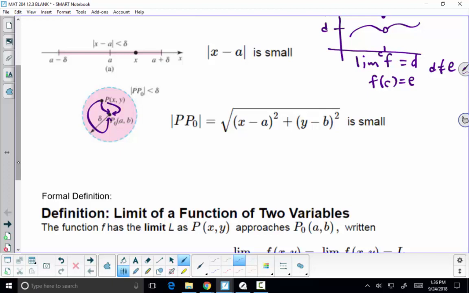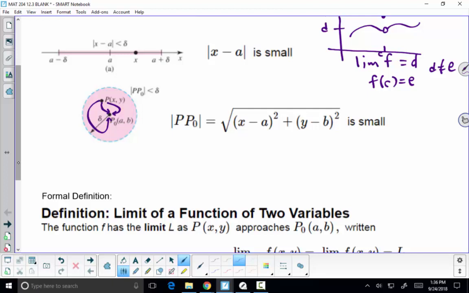So you have to be in this neighborhood of P naught. Up here, your neighborhood is one-dimensional. Down here, your neighborhood is two-dimensional. It just means that you're within delta of a, or P sub 0 here. So up here, within delta means interval. Down here, within delta means disk. Right? Pretty straightforward. If you're going to be within delta of a point in three-dimensional space, what should we be thinking?